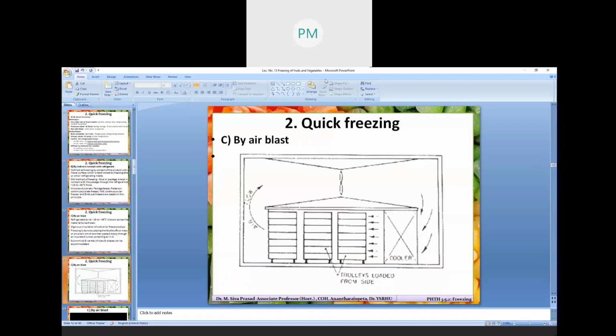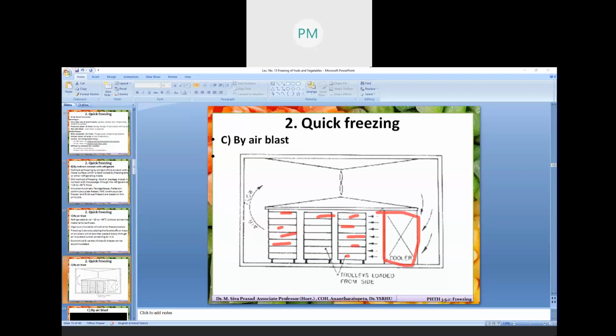So wherein, see in this case, these are the substances, that is your food substances, which are placed in the form of stacks, and cool air is blown from this cooler.